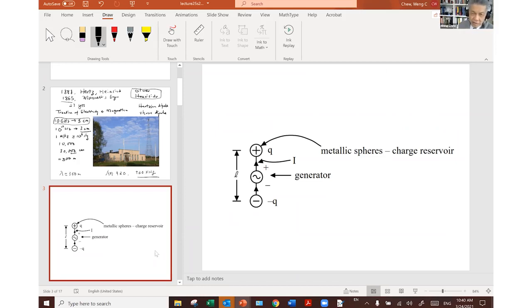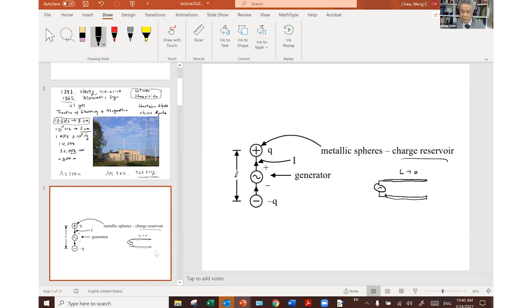But when a dipole is very short compared to wavelengths, we can approximate it with a dipole such as this one. It can be thought of as consisting of 2 charge reservoirs at the 2 ends, and then you drive it with a generator. And at very low frequency, it's almost like a transmission line, and if you connect it to a generator, you probably would know how difficult it is to drive current into this transmission line because it is an open circuit.